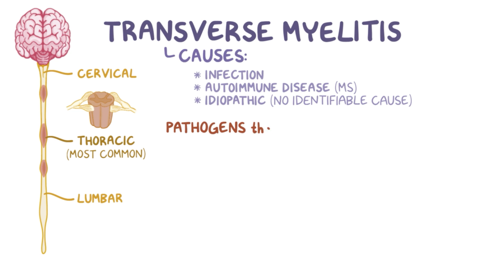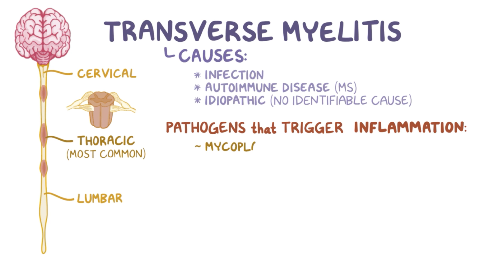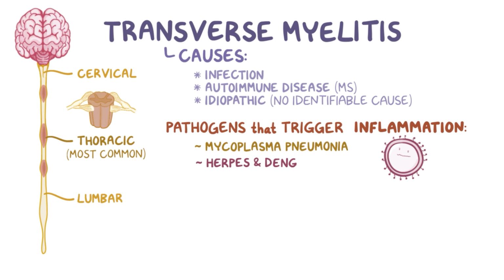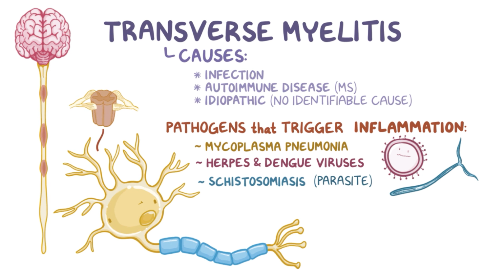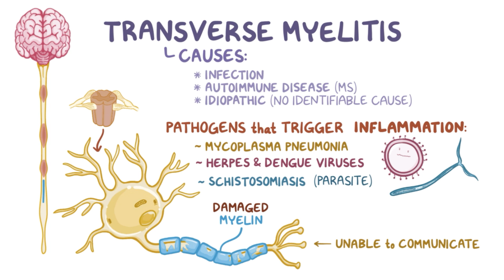Some well-known pathogens that trigger inflammation include mycoplasma pneumonia, herpes and dengue viruses, and schistosomiasis, which is a parasitic disease. Ultimately, the inflammation damages the myelin or the neurons themselves in the spinal cord. When this happens, neurons become unable to communicate with each other, and messages going up and down the spine fail to get delivered.